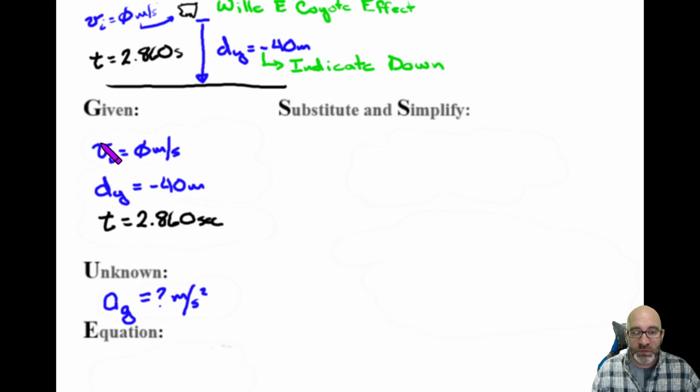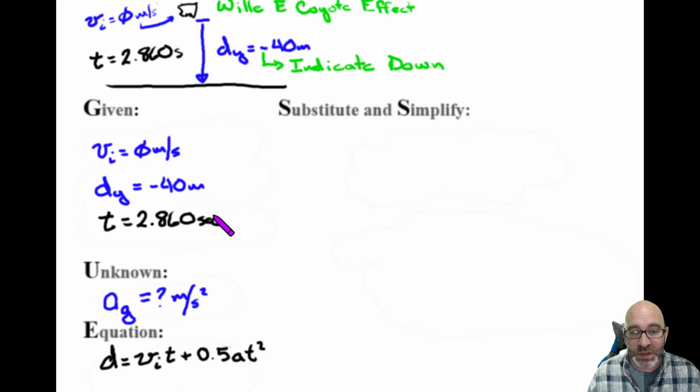Now, if I have a velocity initial, a displacement, a time, and an acceleration, I should be able to pick an equation of motion that's going to help me. And if I do that, I see that displacement equals velocity initial times time plus 0.5 times acceleration times time squared.